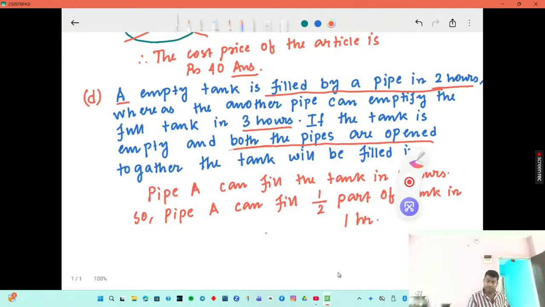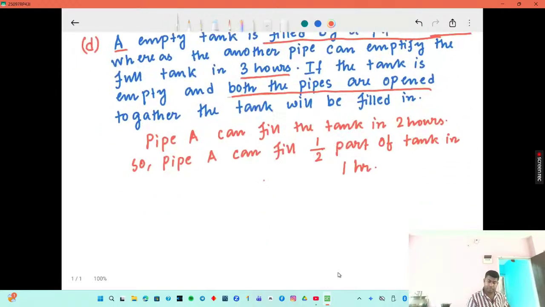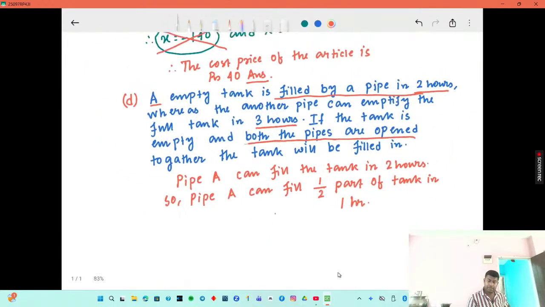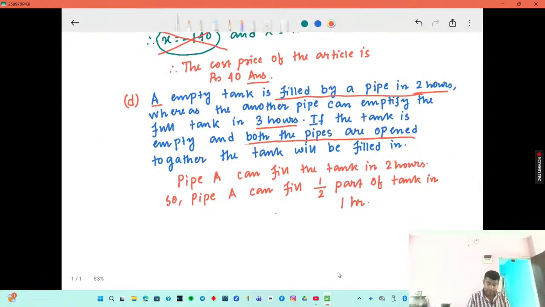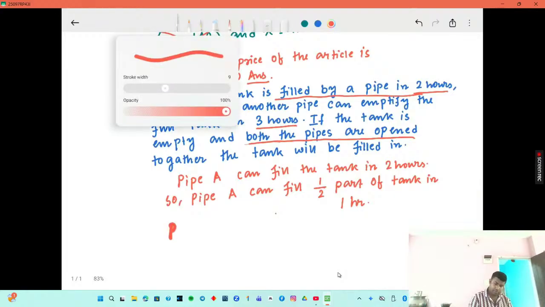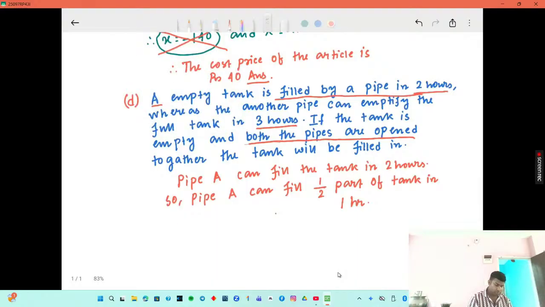Okay. So now here it is given that pipe B can empty the tank in 3 hours. So how much can pipe B empty in 1 hour? Pipe B can empty 1/3 part of the tank in 1 hour.